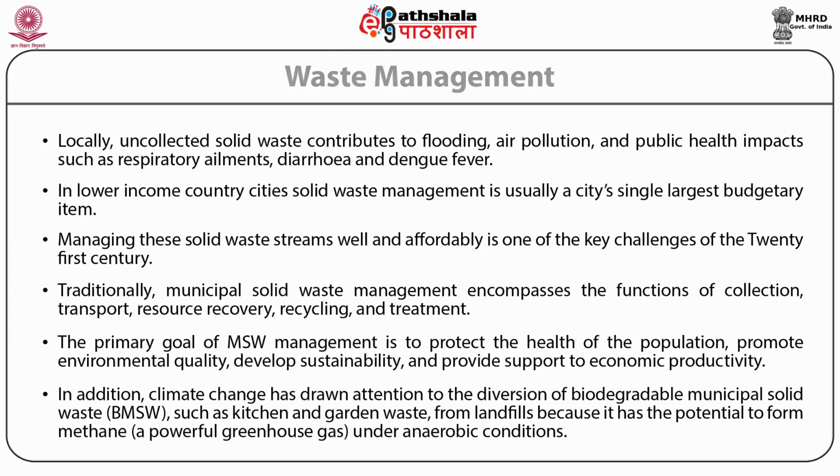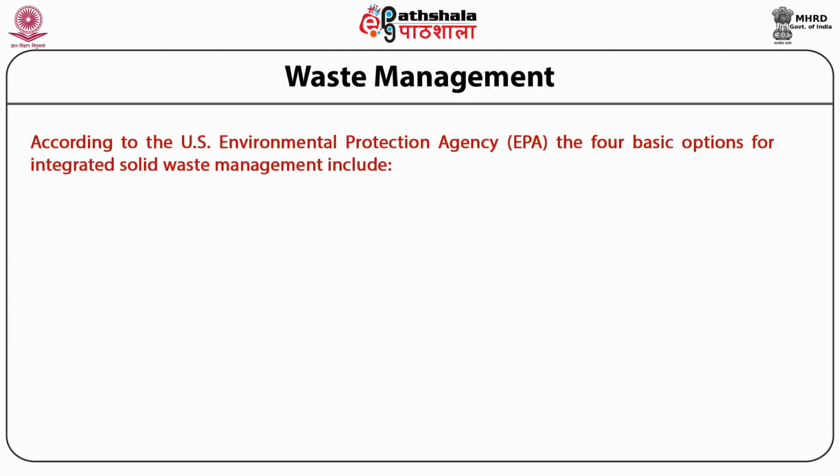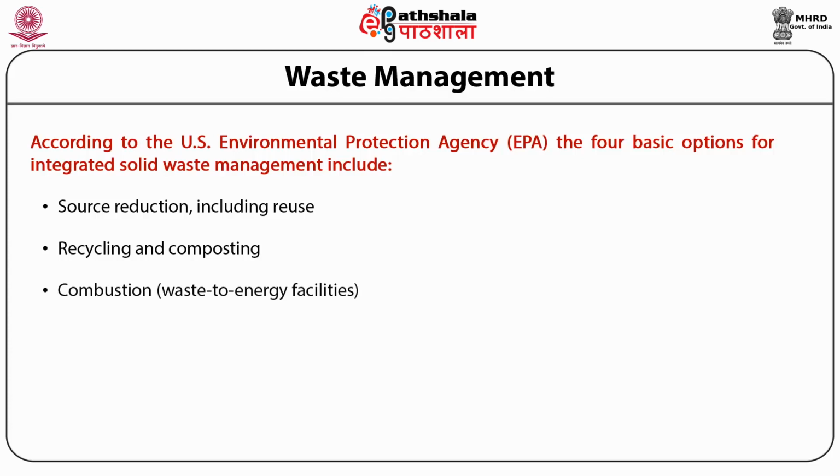anaerobic conditions. According to the US Environmental Protection Agency, EPA, the four basic options for integrated solid waste management include: first, source reduction including reuse; second, recycling and composting; third, combustion, waste to energy facilities; fourth, landfills.